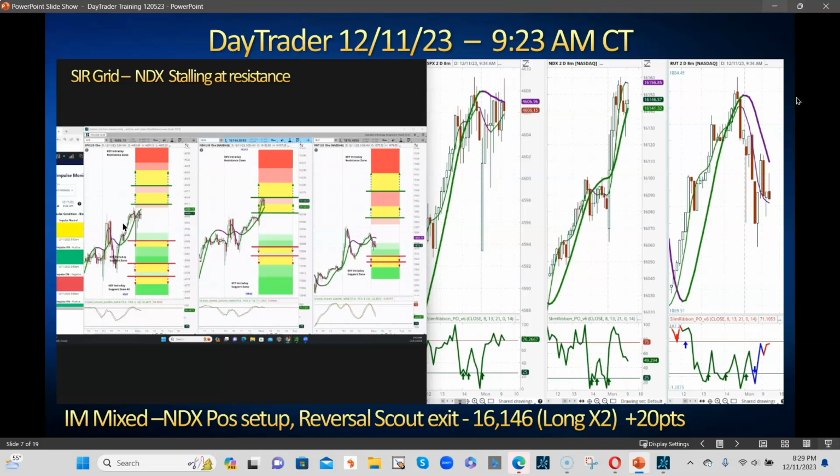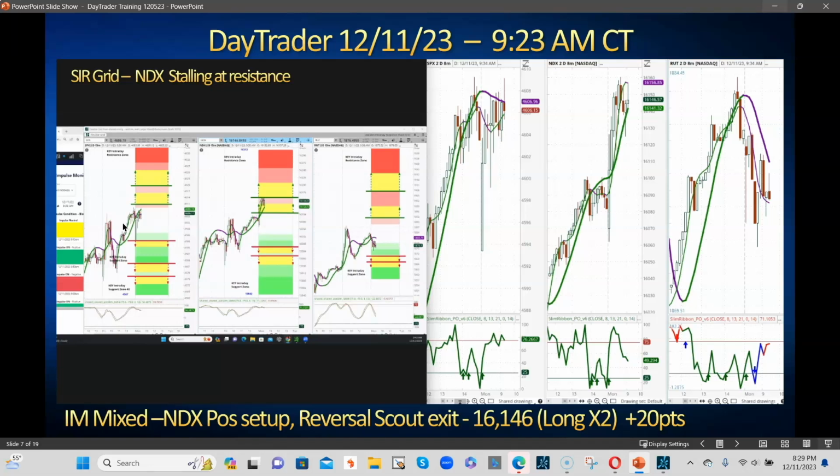And I'm really using the most conservative way I can in this, using just that short-term reversal scout there on a 13 bar, which is sensitive, and it's telling me when the energies are disappearing just on a very, very short term. And so I'm going to use that strong discipline and get out. So it's a 20-point winner.